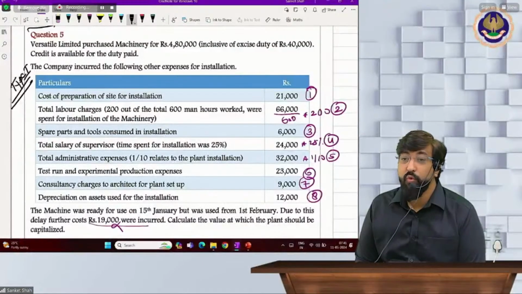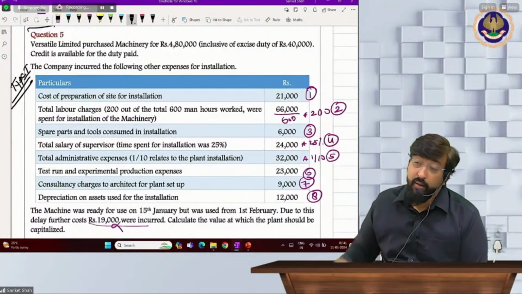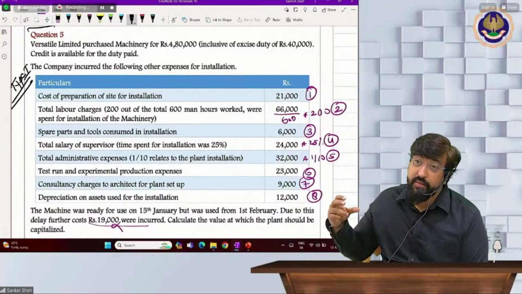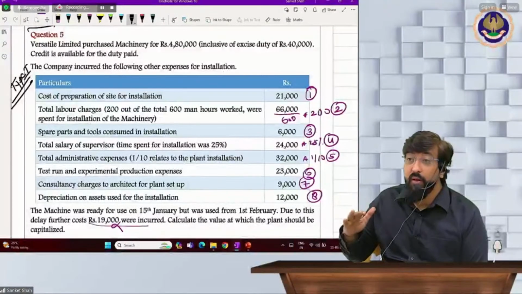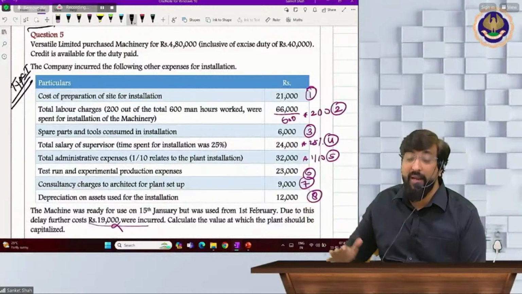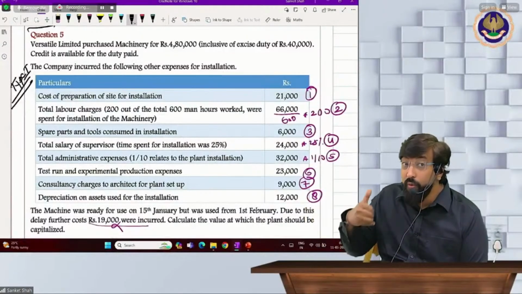No no no, not future benefit. Routine expenses will give you the smooth working of that asset. It does not improve your efficiency.